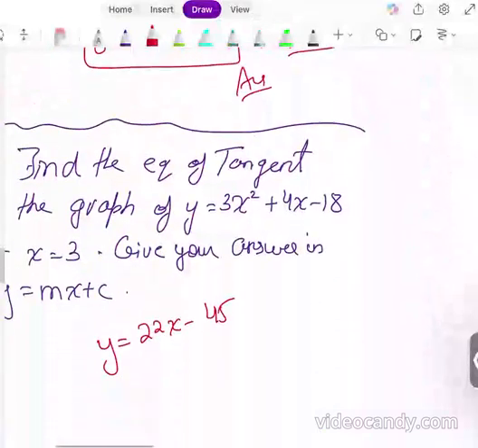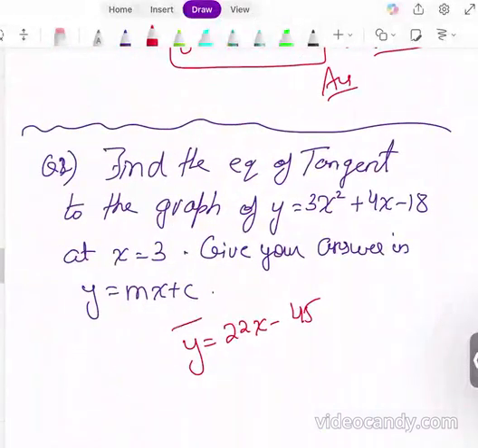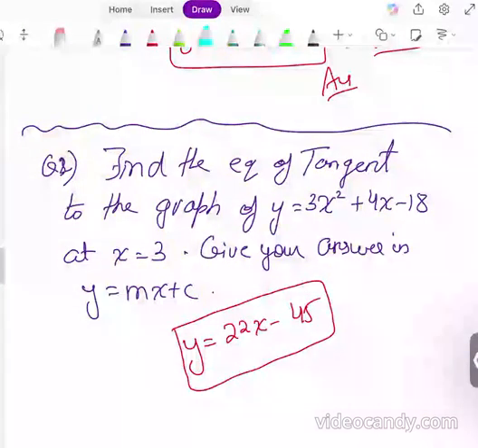And this is a question for you. And this is the final answer. Yes, Zaid and Qasim, you got the same answer or not? Yes, sir. What about Mustafa? Maya, try this one, please, quickly. Okay, sir.